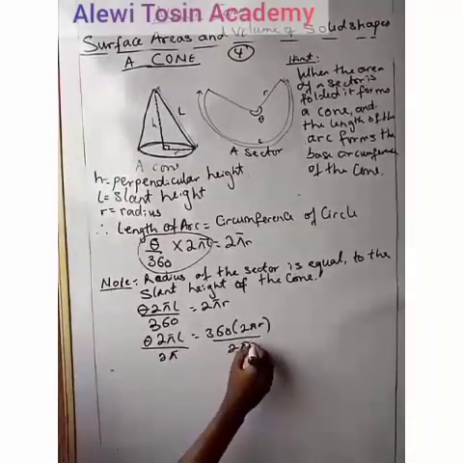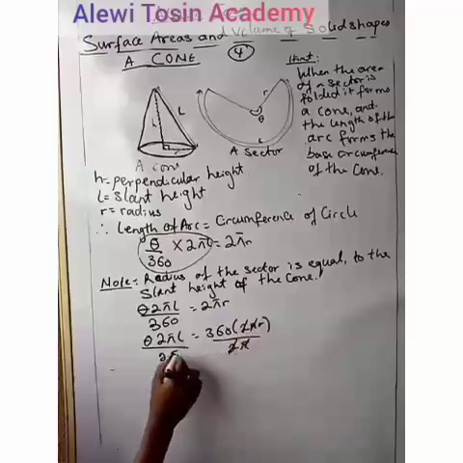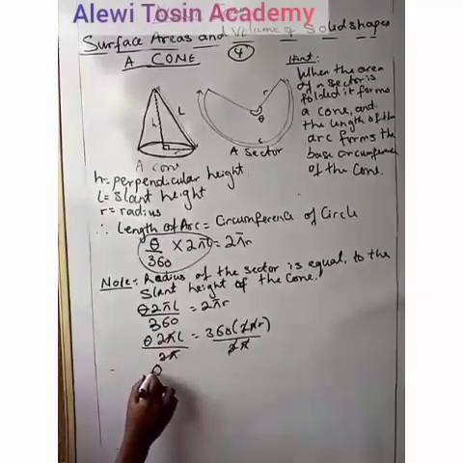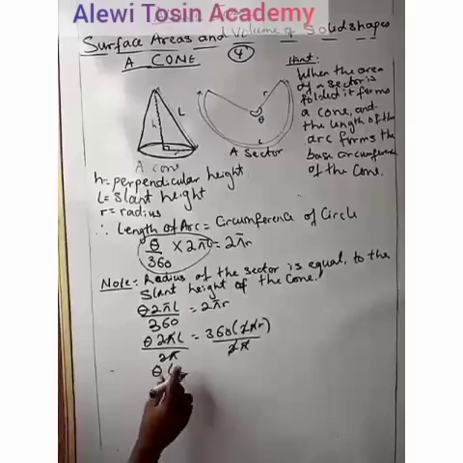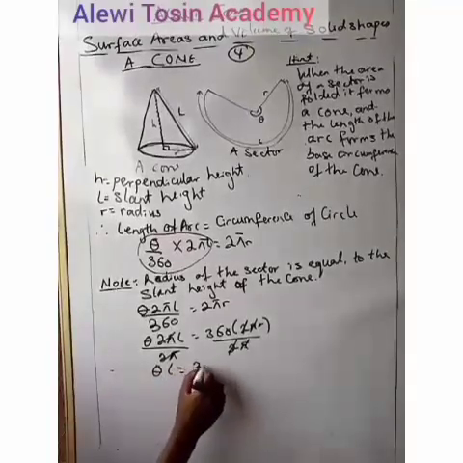Pi cancels pi, so we say theta L, which is the angle of the sector, is equal to 360 R.